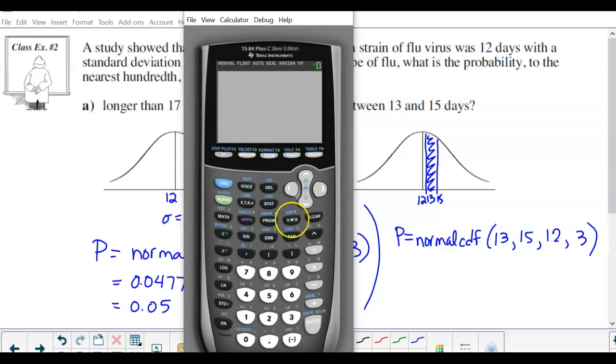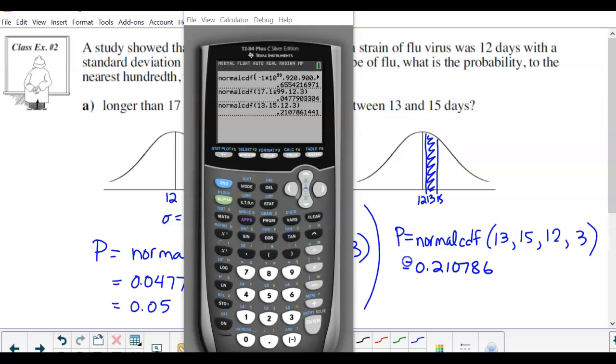So second distribution, normal CDF, lower 13, upper 15, 12, 3, right, and then take that.